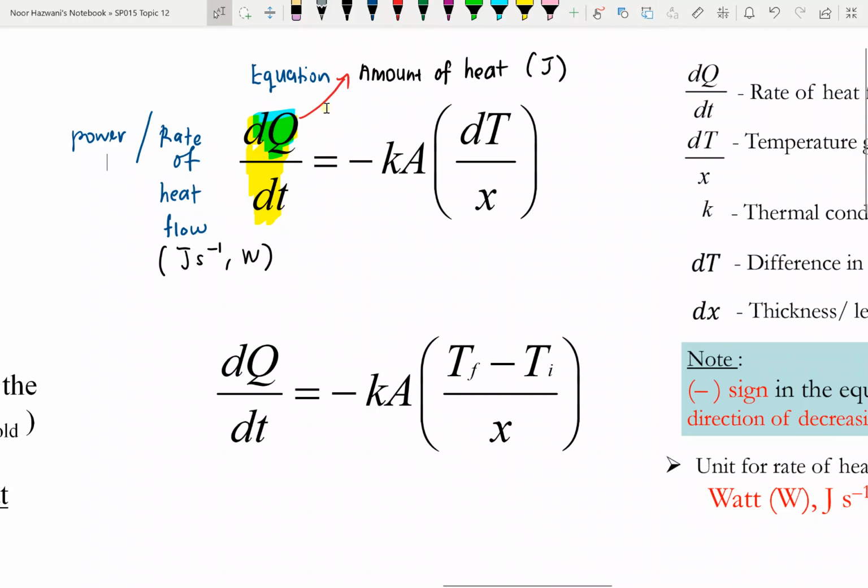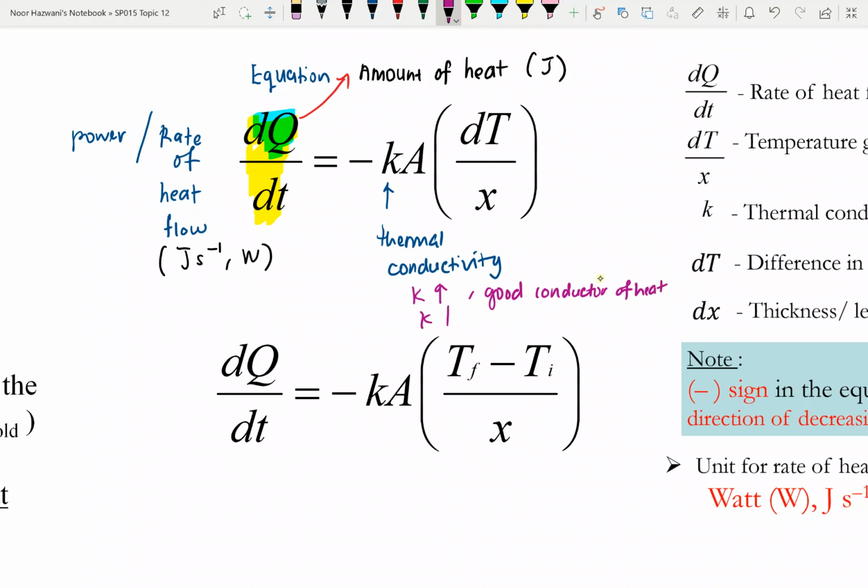Okay, sekarang you ada k kat sini. Dalam equation you ada k. So, k ini adalah thermal conductivity. So, thermal conductivity ni apa? Dia measure the ability of a material to conduct heat. So, maksudnya kalau you punya nilai k adalah tinggi, dia akan jadi good conductor of heat.